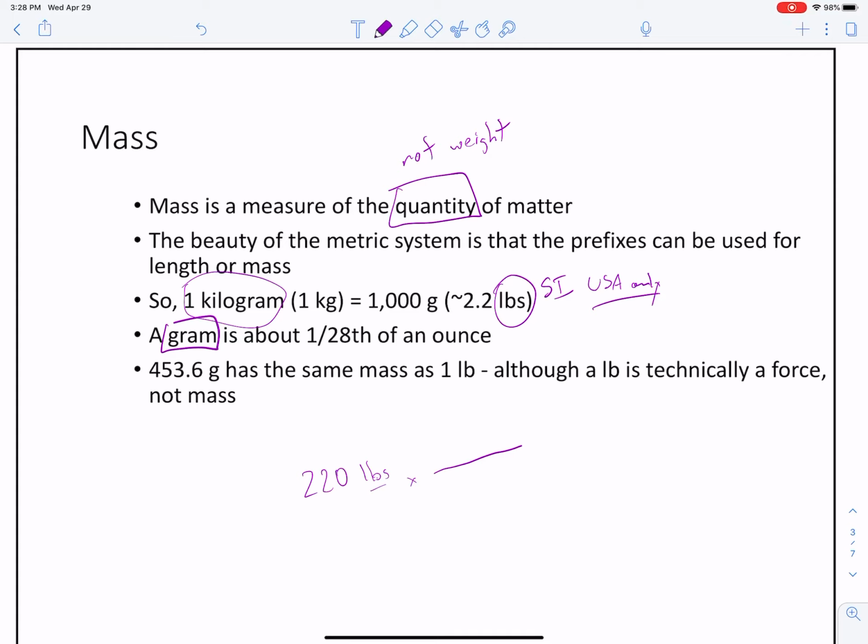Remember, pounds, we could say this as over 1, right? So pounds is in the numerator. If I put pounds in the denominator, then we can cancel our pounds by saying, how many pounds do we have per kilogram?